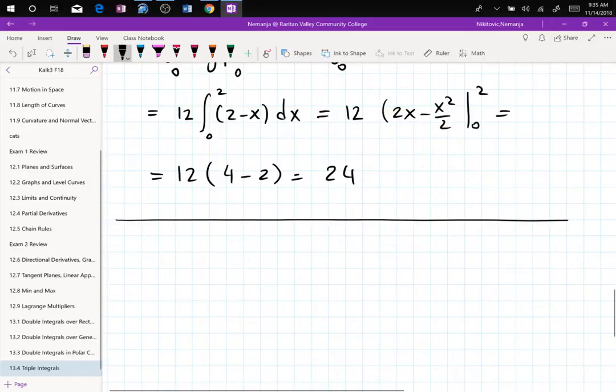And whatever your domain is, those are the two outer integrals, and then the third one is your most inner, sorry, the other way around. The function is the most inner integral, and the domain ones are the two outer, the middle one and the outer one would be the domain.